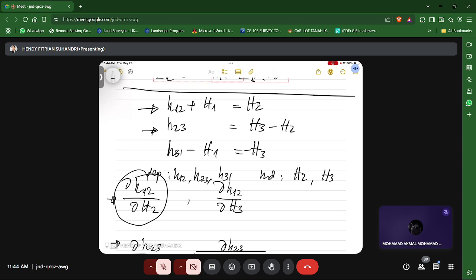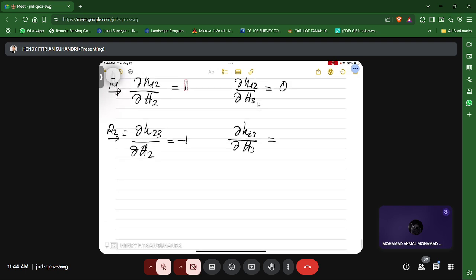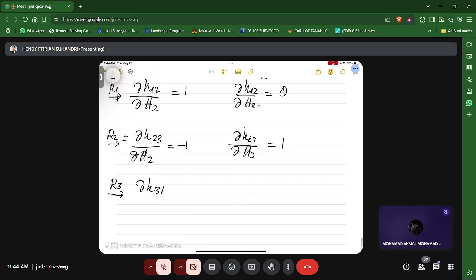Okay. Jadi saya katakan you mulalah baca kembali partial derivative. Ini bukan dalam masalah least square adjustment, tapi lebih kepada matematik kalkulus you. Untuk row ketiga, persamaan ketiga adalah do H31 diturunkan terhadap do H2.